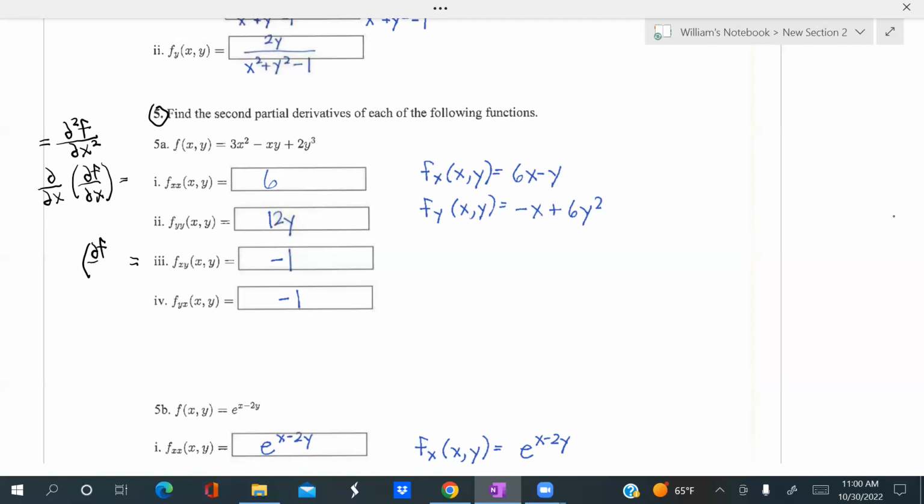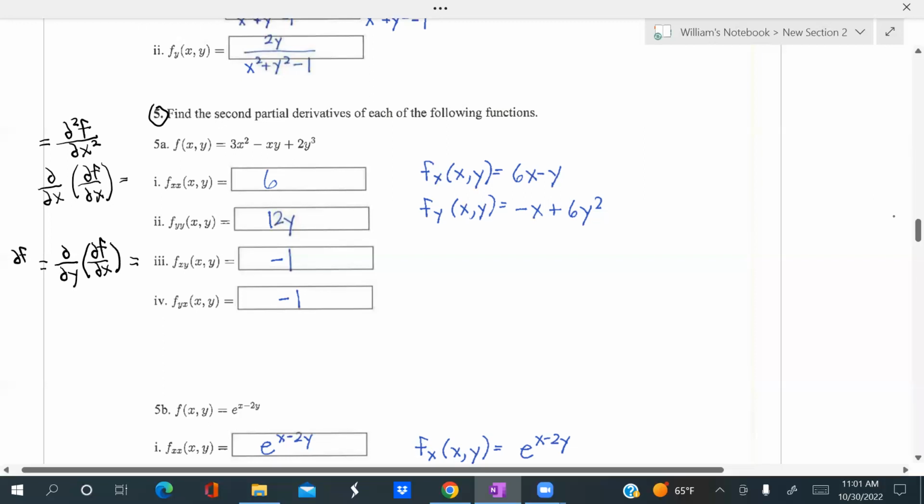That would look like this: first, take the derivative of f with respect to x, and then we're going to differentiate that again, but the second time with respect to y. So you end up with partial squared f over partial y partial x.